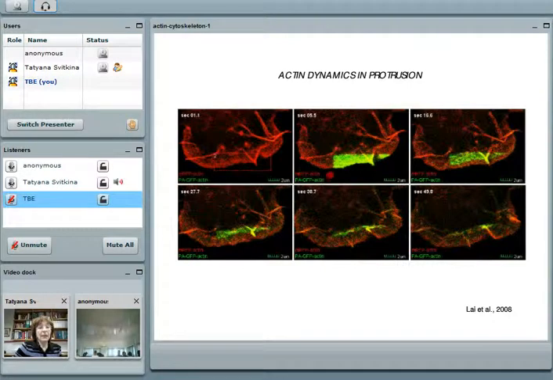Then they activate this photoactivatable green actin in this region, and now they see both all actin and a marked subset of actin structures. They see that this green actin gets displaced away from the edge, but new red actin incorporates at the front.